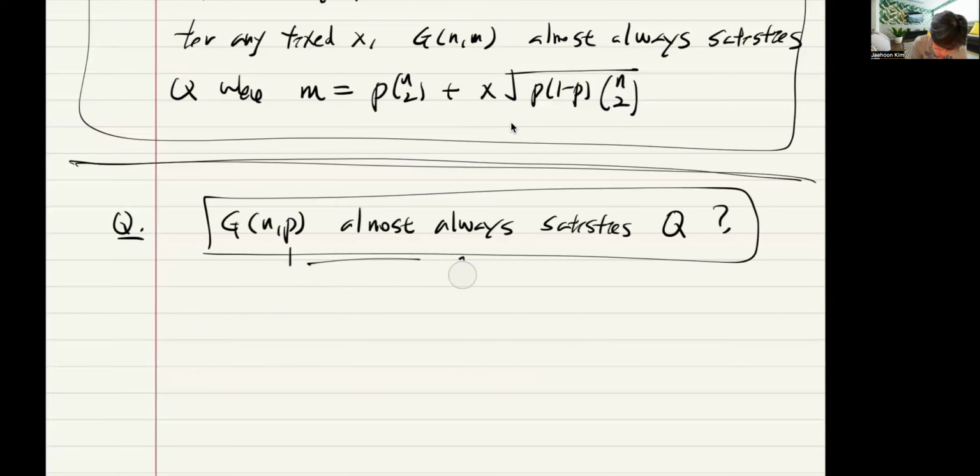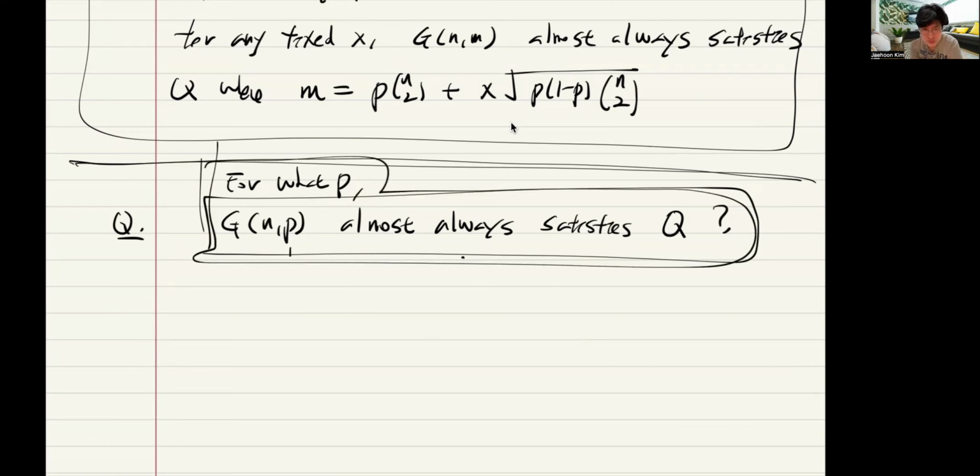So for what p does it almost always satisfy Q? That's the question.